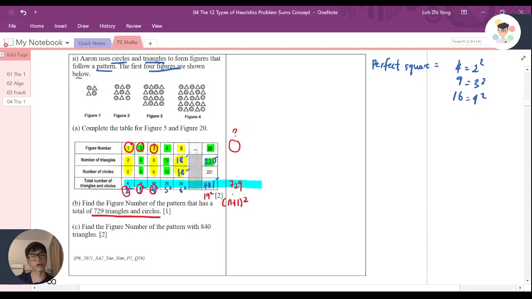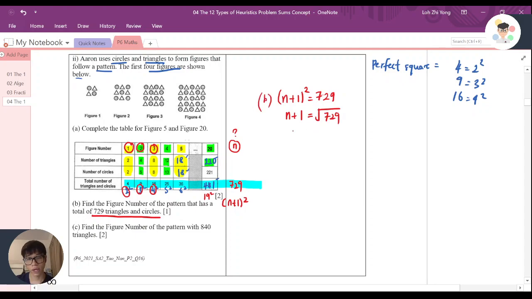So now, by knowing this, to look for the figure number here, we can say n plus 1 squared is equal to 729. So what we need to do is look for n plus 1, which means we need to square root 729. So n plus 1 is equal to square root of 729, which is 27.